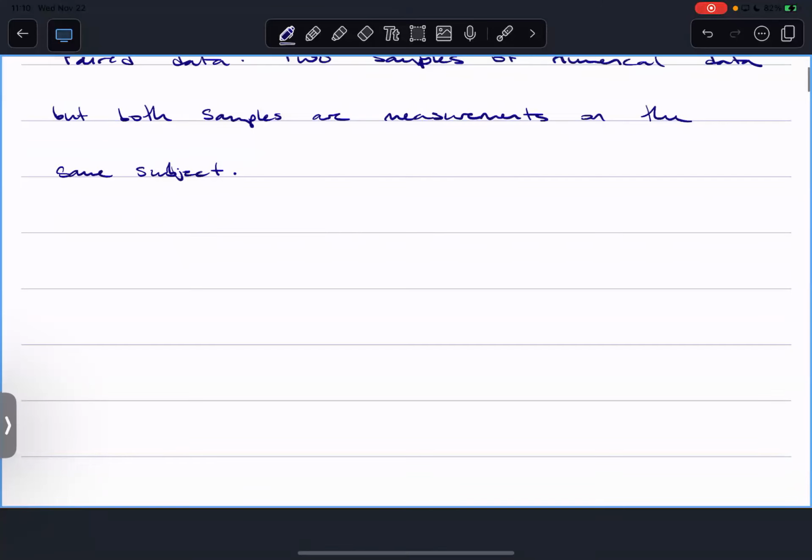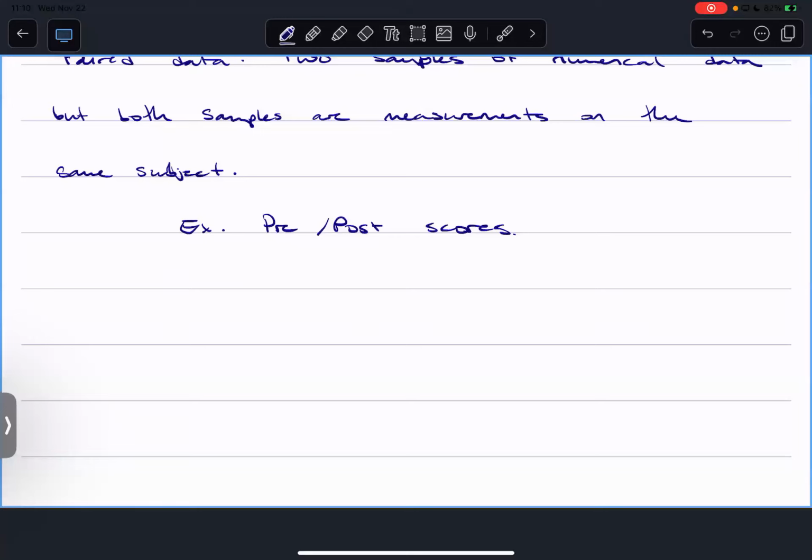So some common examples are things like pre and post scores, right? You enroll in some sort of tutoring program and you do some sort of beginning test and you get a score, and then you go through the program and they teach you some stuff, and then you have your final score, and now you wrote both of those tests, right?